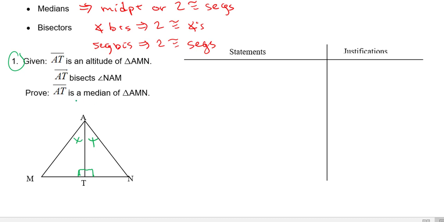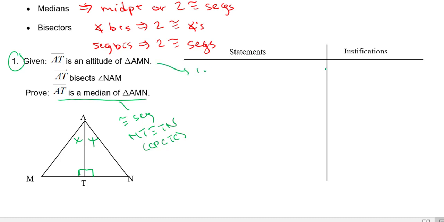And then it says find that it's a median. And for a median, we know that we need congruent segments. In particular, I need MT congruent to TN. So I think I can do that by proving the triangles congruent and then using CPCTC. Okay, so let's go ahead and write this proof out.